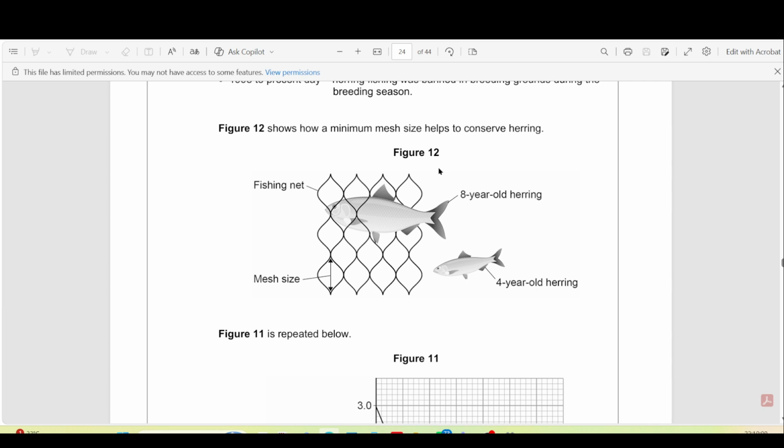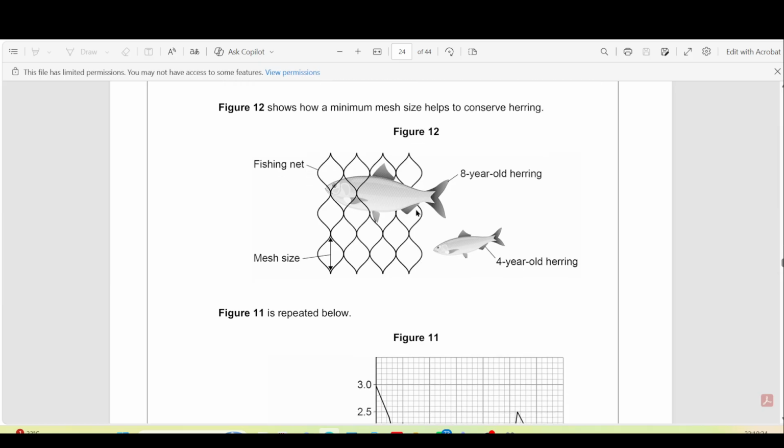So since herring reproduce at age 3 to 4, this ensures that they can spawn at least once.